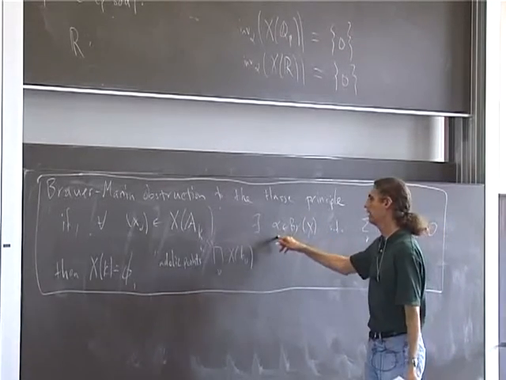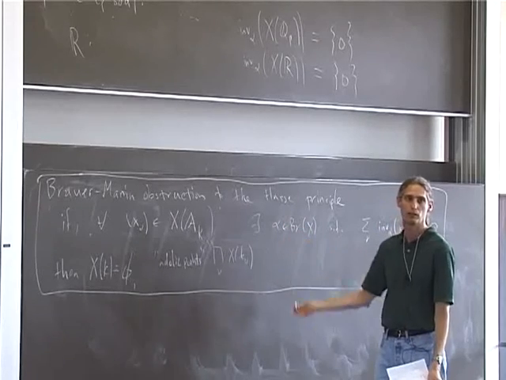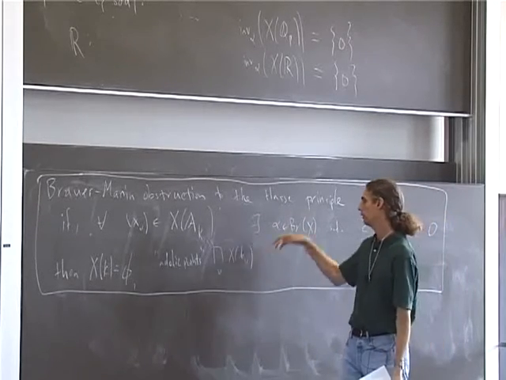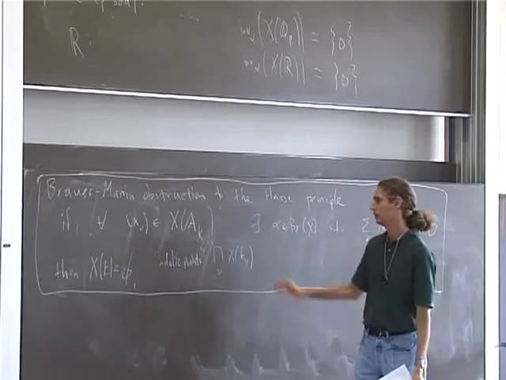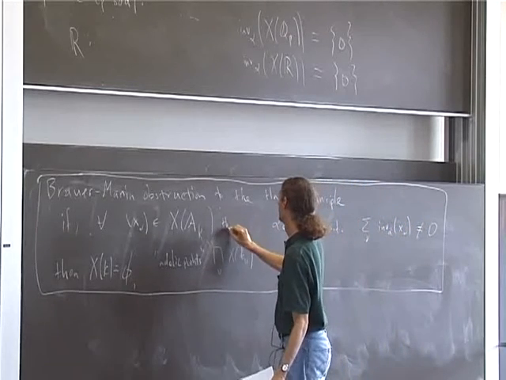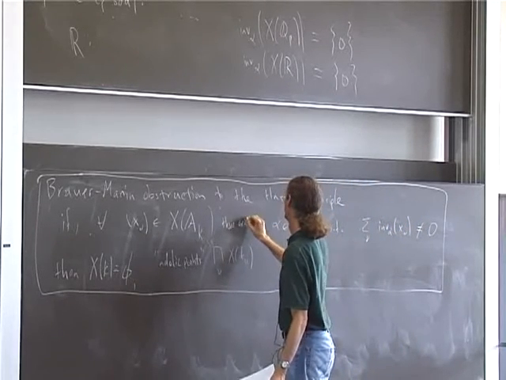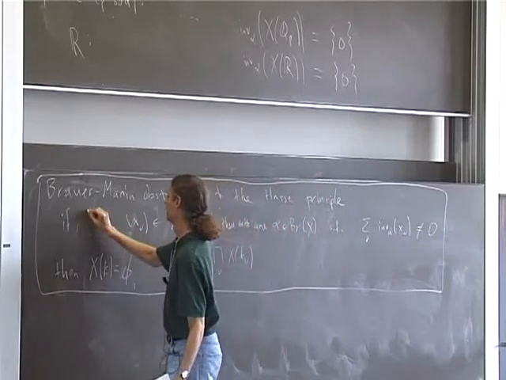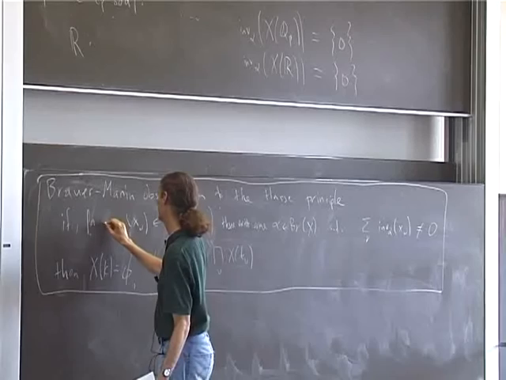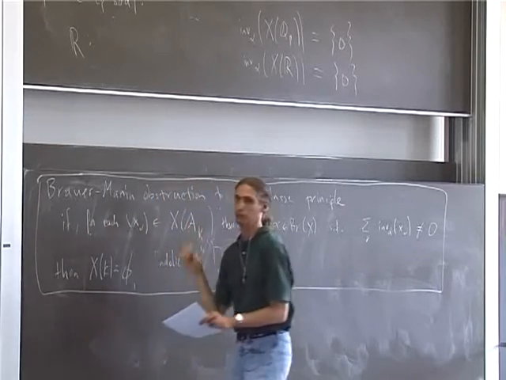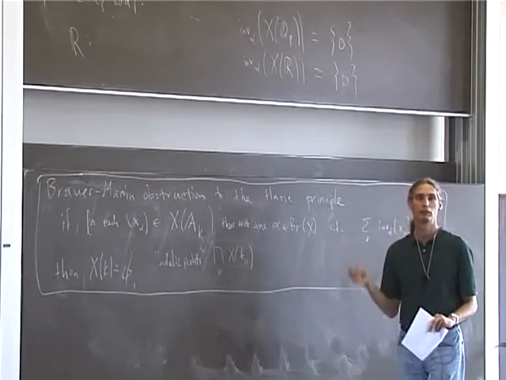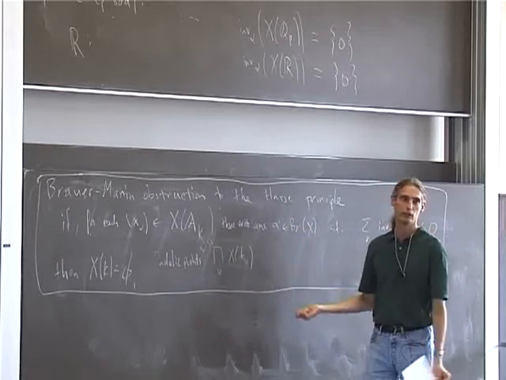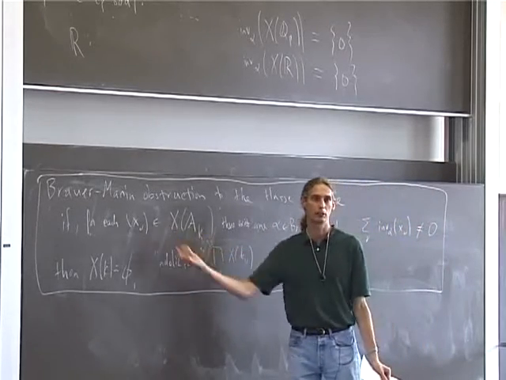There has to exist some alpha. For every adelic point, there is some alpha. For each adelic point, given an adelic point, there is an alpha. Alpha might depend on the adelic point.